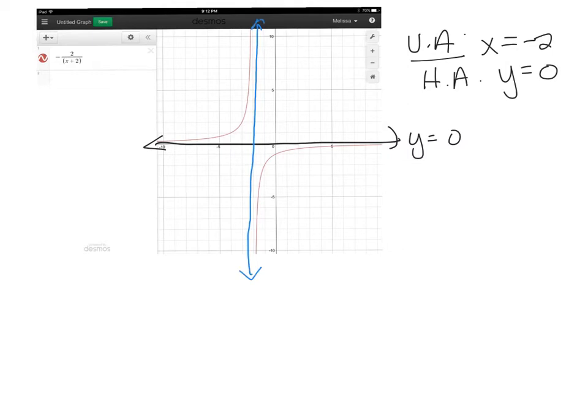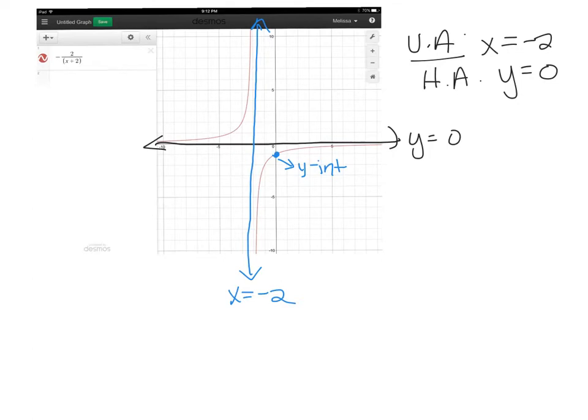Sorry I didn't draw a very straight line there, but our vertical asymptote is at x equals negative 2. And we said our y-intercept was at negative 1, which is true. And we also said that this function would never intersect the x-axis, which is also true. There are no zeros or x-intercepts for the function.